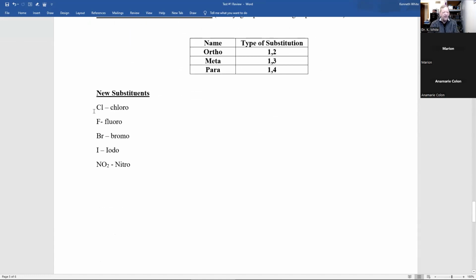And I've now started showing you some new substituent names. Cl, chlorine on a benzene ring, or anything else, like an alkane, which would be a chloroalkane, is a chloro group. Fluorine is fluoro, Br is bromo, iodine is iodo, and NO2, where the nitrogen is bonded to the ring, is called the nitro group.